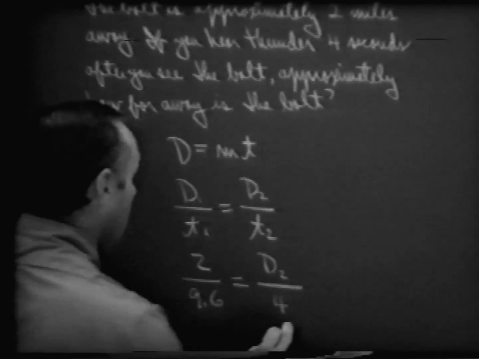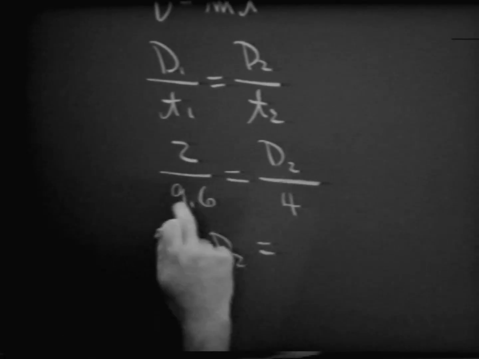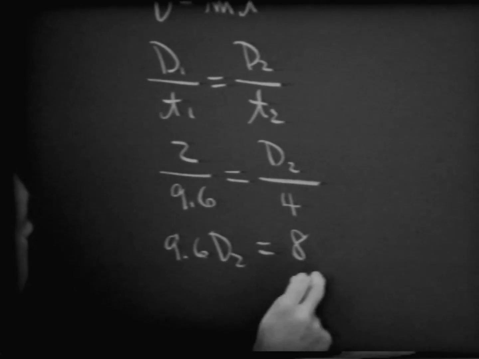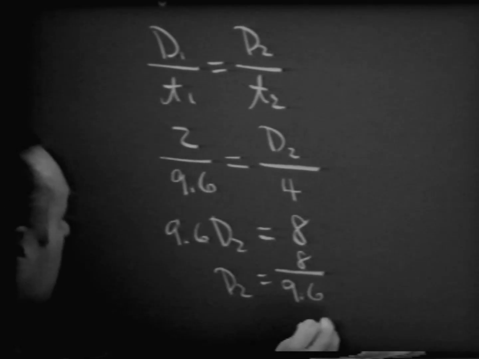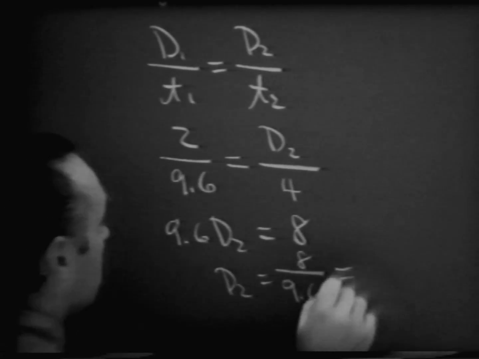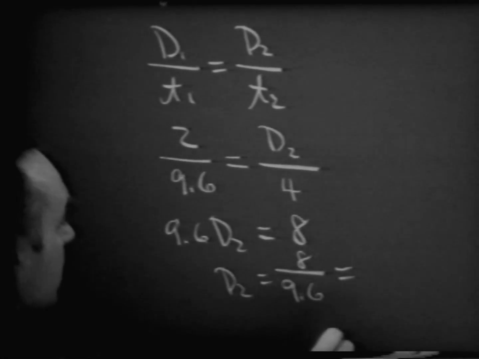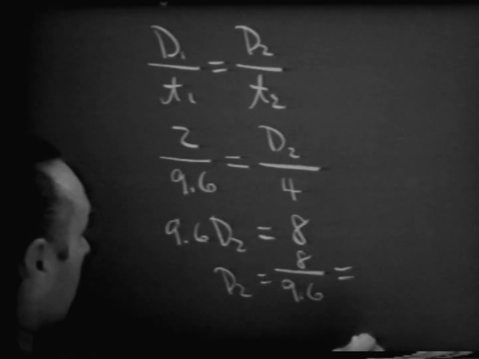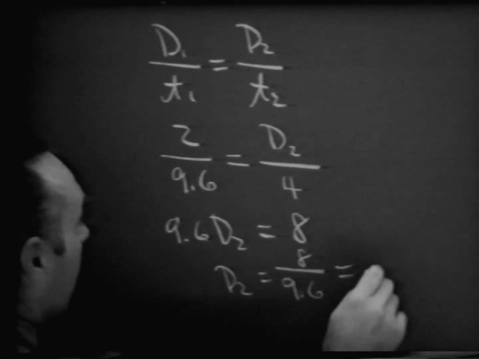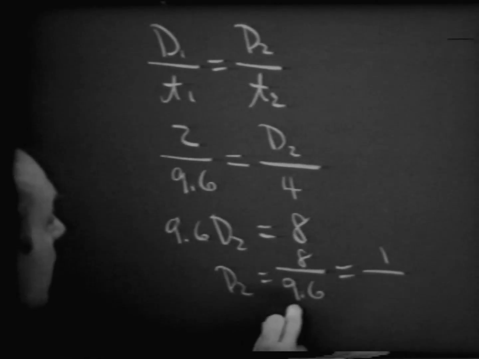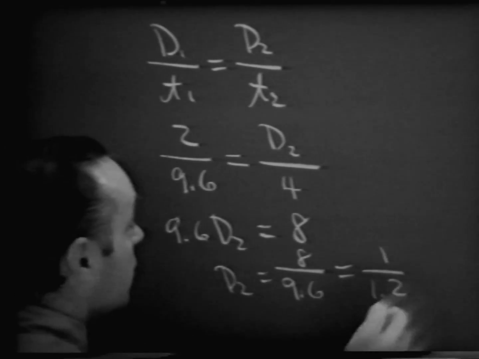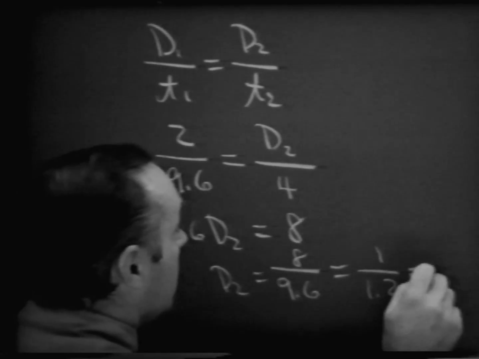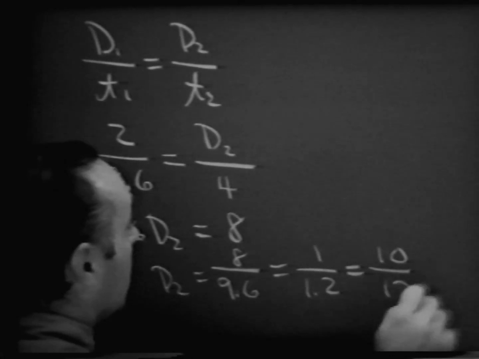Let's just work with this and see what we have. We have 9.6 times D sub 2. The product of the means is equal to the product of the extremes. D sub 2 then is 8 divided by 9.6. Let's see, 8 into 9.6 goes 1.2, which is indeed a name for 10 over 12.